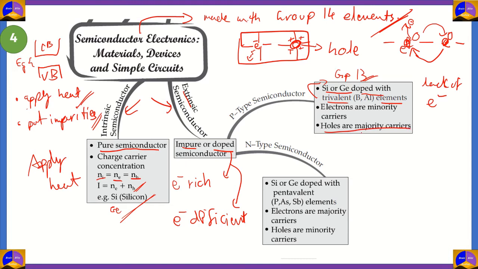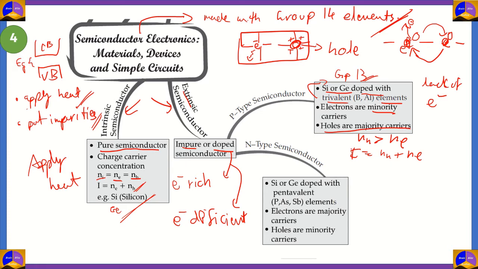Most of the current is transferred by the holes. And the electrons become minority carriers. So Nh is greater than Ne. The current still stays the same. It is Nh plus Ne, the number of holes plus the number of electrons. The current is dictated by the number of holes and the number of electrons. So this is how you form a p-type semiconductor.